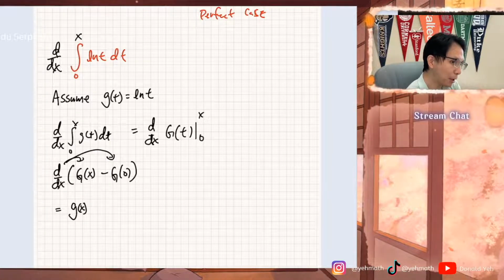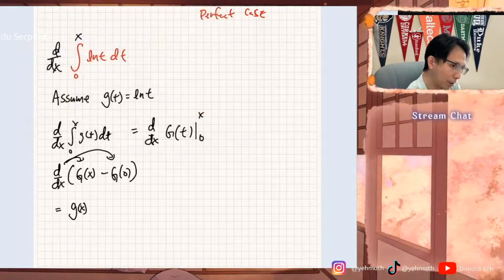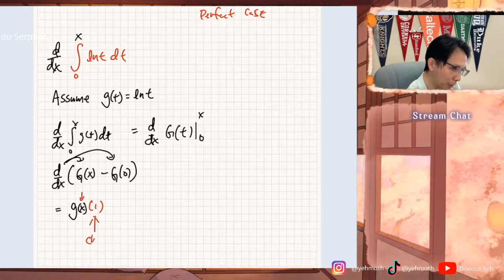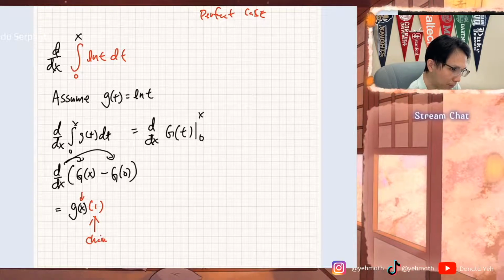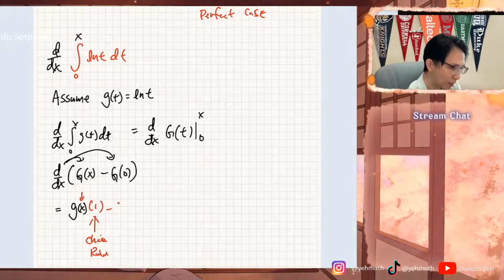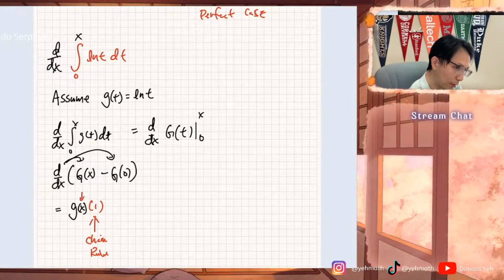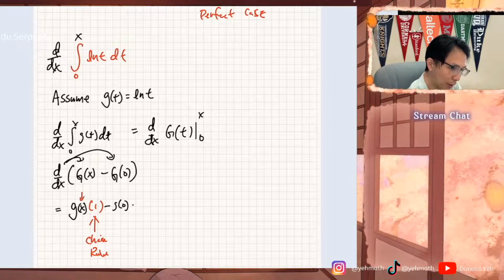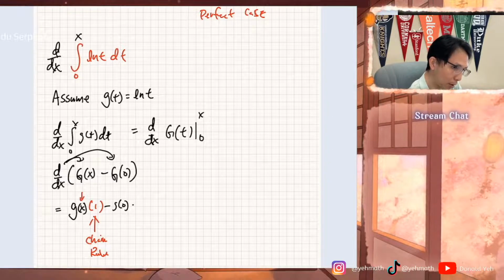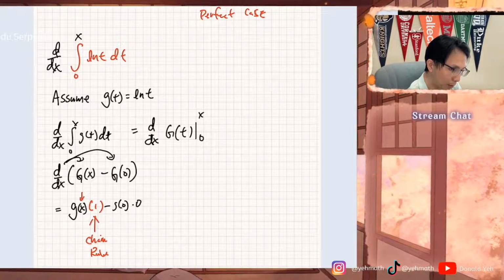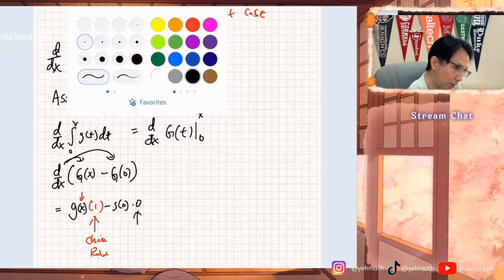Now I have to take a derivative of the inside. The derivative of the inside is 1. I use a different color to show you this chain rule. Minus g of 0 times the derivative of 0, which is 0.